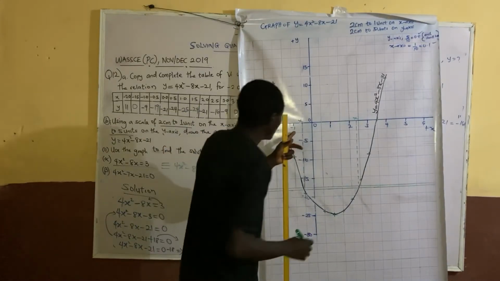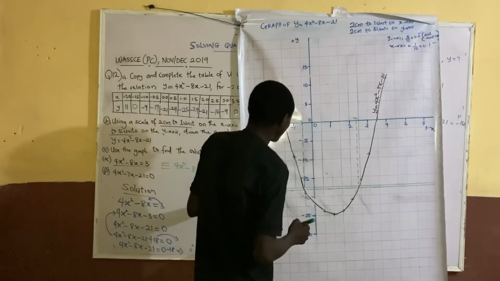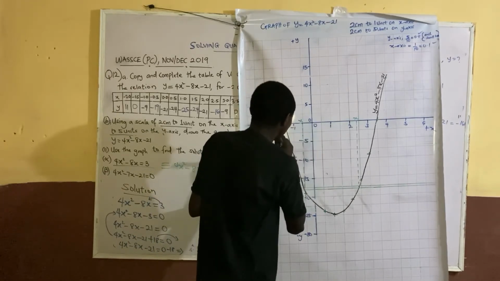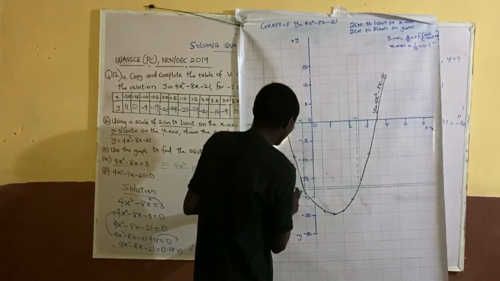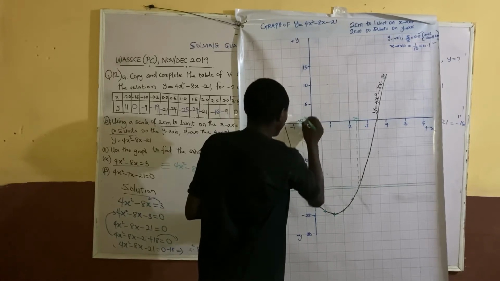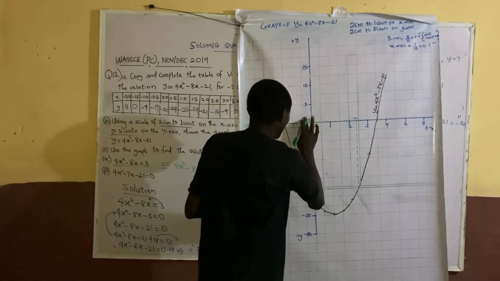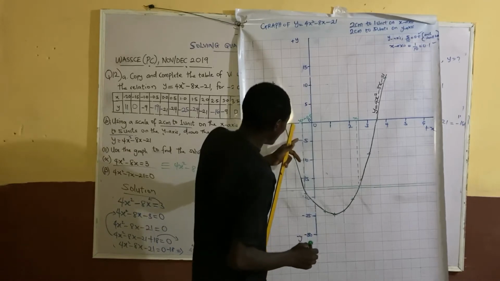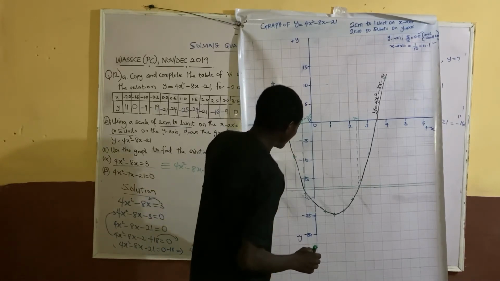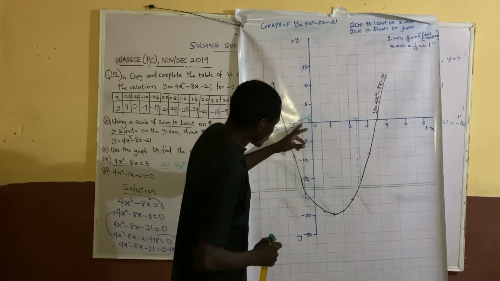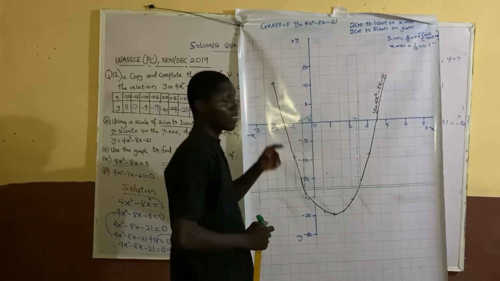So to read it, where this one intersects the curve here is around 0 point, sorry, this is minus, so it will be minus 0.5, or can even take minus 0.6, depending, because it's falling in the middle, but I'm taking this one because it's very close to this. So minus 0.5 is our answer.